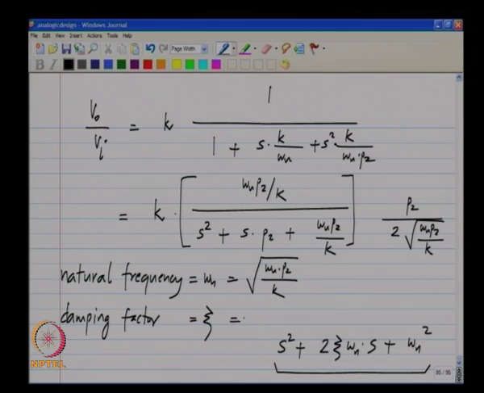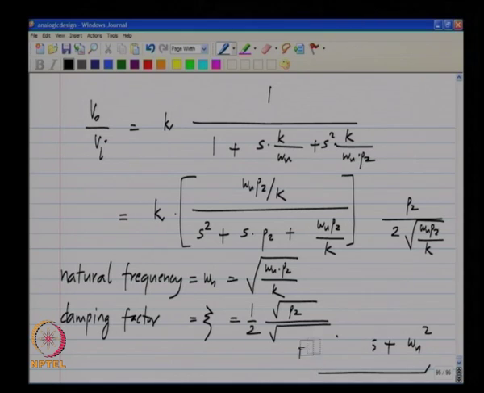And I will write this as half square root of P 2 divided by square root of omega u by k. Okay. Now, if you know the damping factor and the natural frequency of a second order system, you can make statements about the kind of step response it is going to have.